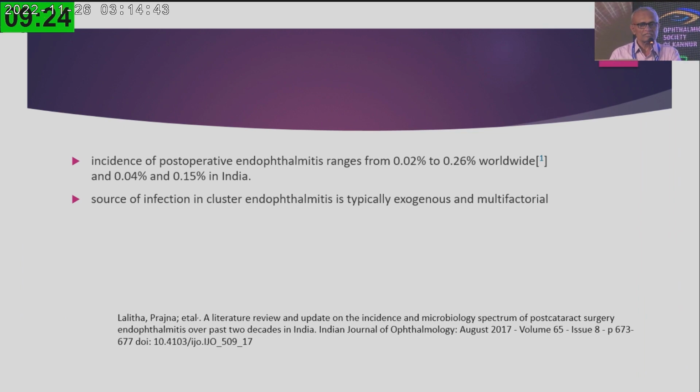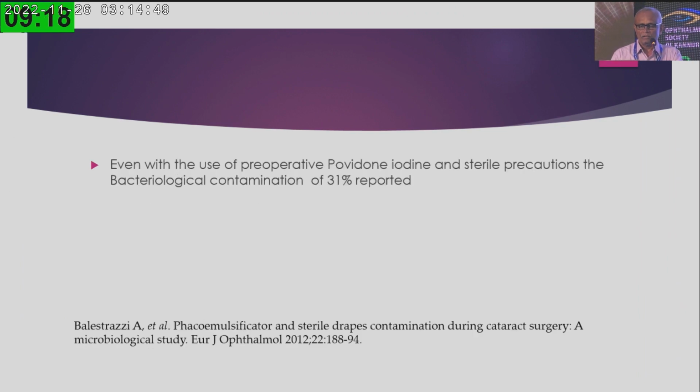The source of infection in cluster endophthalmitis is typically exogenous and multifactorial. Even with proper use of preoperative povidone and sterile precautions, the bacterial contamination of the fluid that comes out of the operating field is 31%. That is reported, but not all these cases will end up in endophthalmitis.